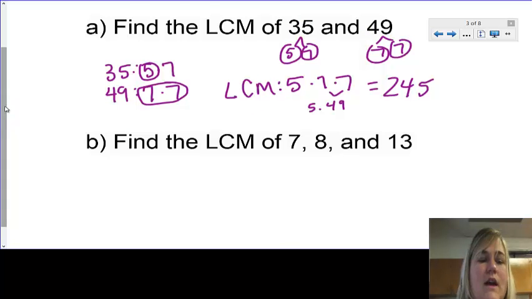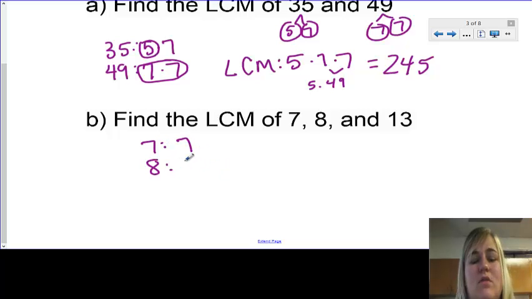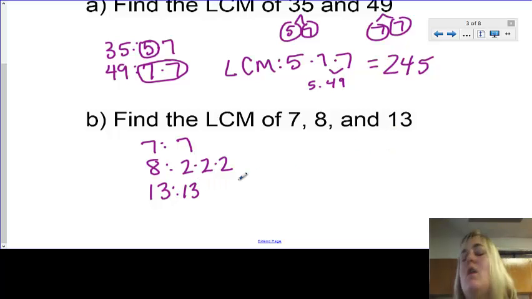On B, we're going to do the exact same thing. 7 is a prime, so 7 is just going to be 7. 8 we talked about on the very first example of being 2 times 2 times 2. And on 13, well, 13 is a prime, so it's just going to be 13. Whenever I don't have any that are the same, okay, I have a 7 here, 2's here, 13 here, I just include all of those.